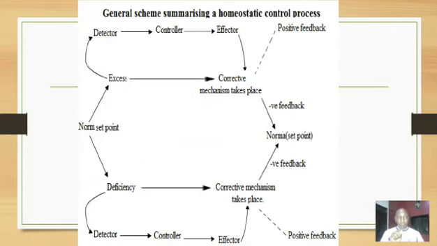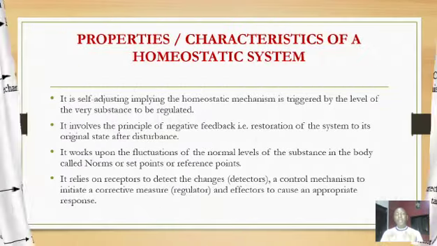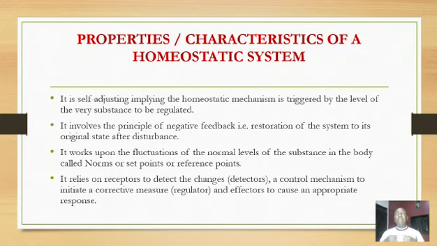If we are looking at regulation of sugar levels, sugar levels that should be maintained at a constant, it means that the homeostatic mechanism to keep the sugar levels constant is triggered by the level of the sugars themselves.